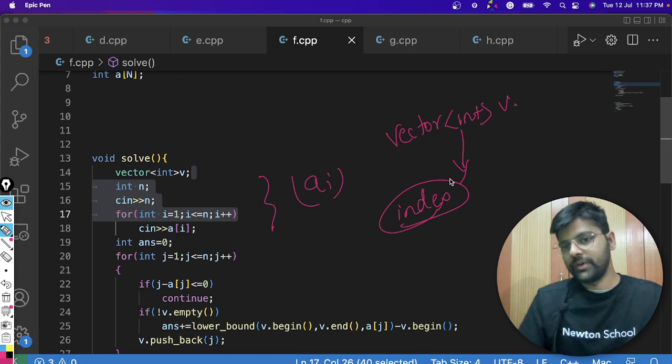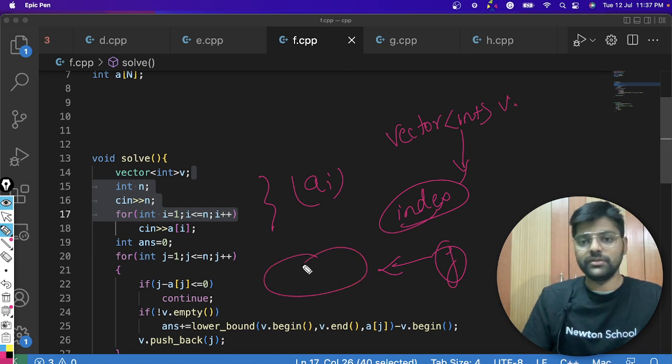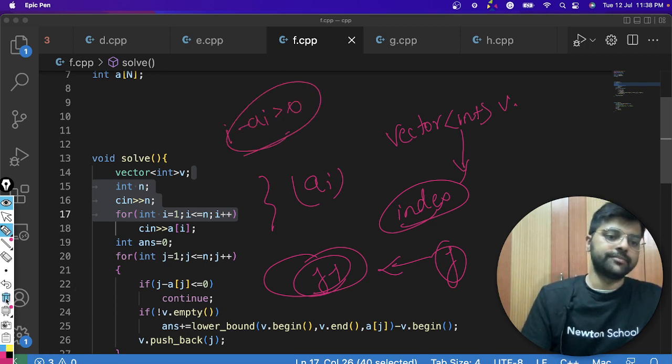If I am on the jth index, then this vector will contain indexes less than or equal to j minus 1 satisfying the condition i minus ai greater than 0.